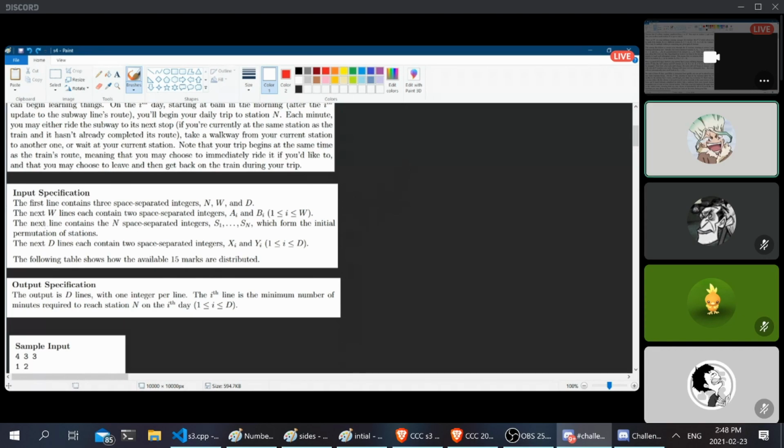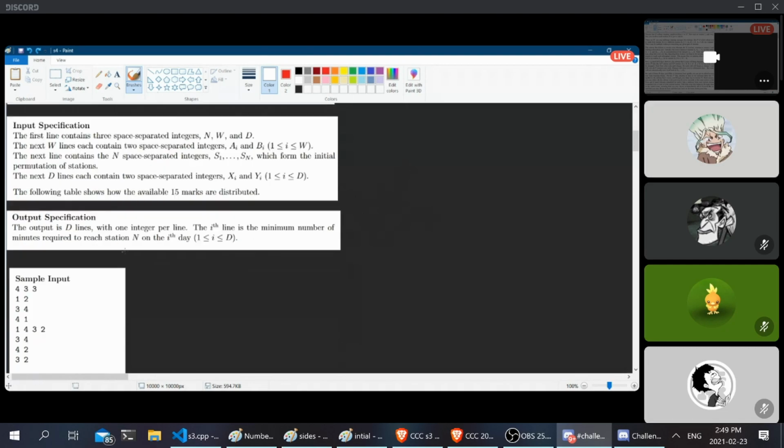And then after that, we get a line of n space-separated integers, which is the initial permutation of the stations. So that's the initial route. And then for the next d lines, so for d days, we get 2 space-separated integers, x and y, which represent the swaps.